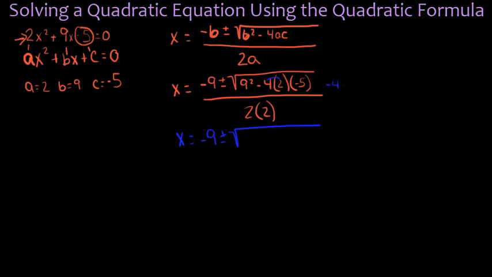Then we have negative 8 times negative 5. Negative times a negative is a positive. And then we have 8 times 5, which is 40. So all of that will be plus 40.